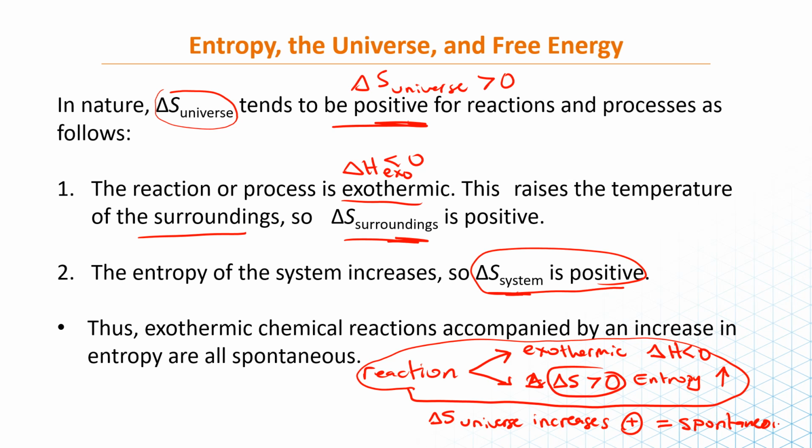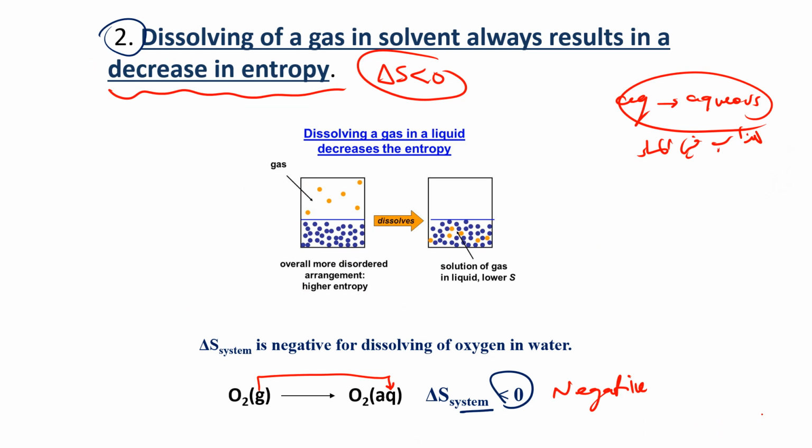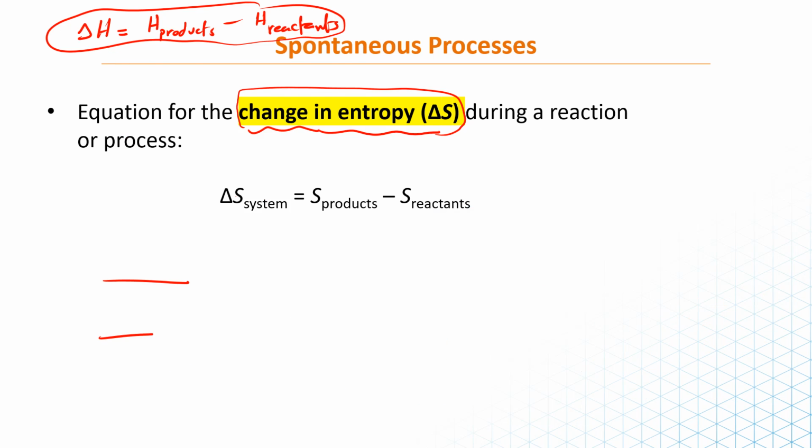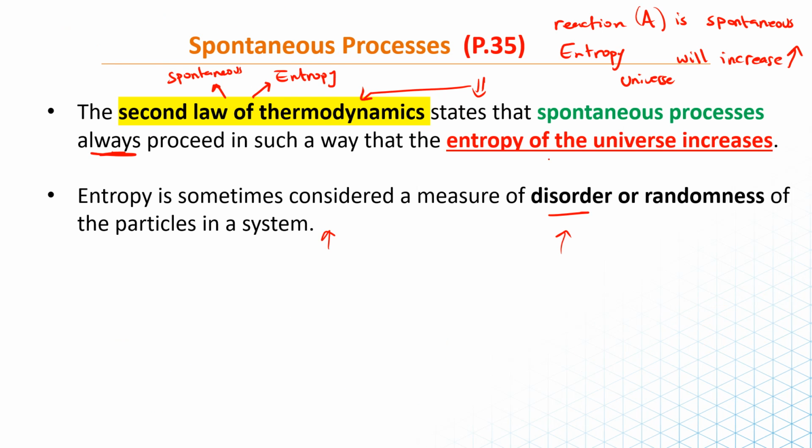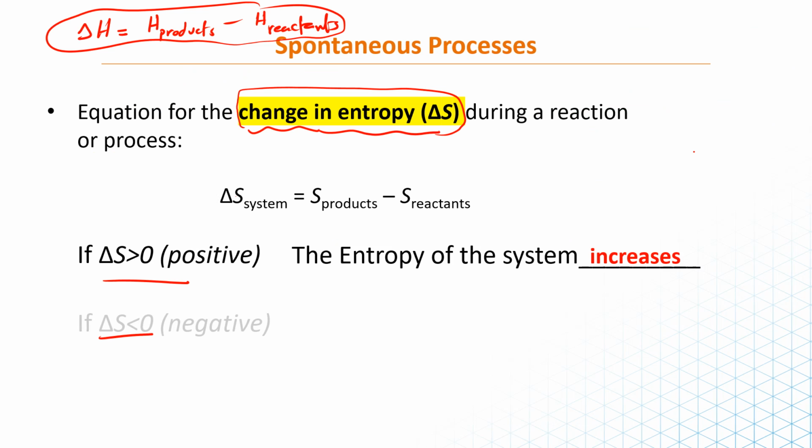spontaneous. So if you remember the second law of thermodynamics, which we saw previously here, it says that spontaneous processes, the spontaneous reactions, always have the entropy of the universe increasing, meaning the delta S of the universe is positive, and that's what we saw here.